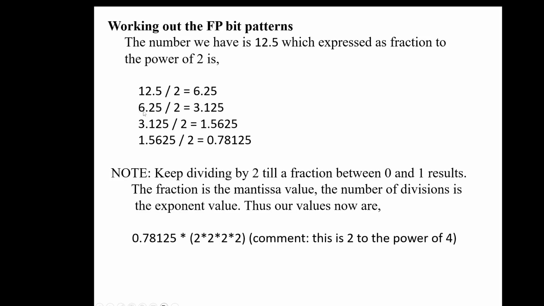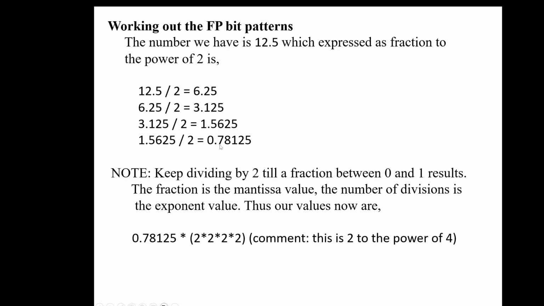So we divide 6.25 by 2 again, we'll have 3.125. Since we still have 3, we divide it again. 3.125 divided by 2 becomes 1.5625. We still have a 1. We divide it by 2. We have 1.5625 divided by 2. Finally, we have 0.78125, where the whole part or the integer part is now a 0.